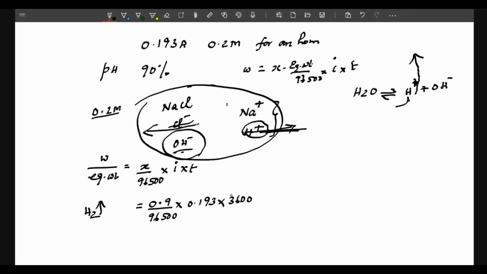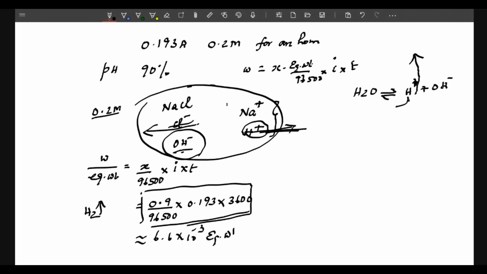If you find out this value, you should use your calculator to simplify it. On simplification, you can easily find that it is equal to 6.6 into 10 power minus 3 equivalents of hydrogen liberated.